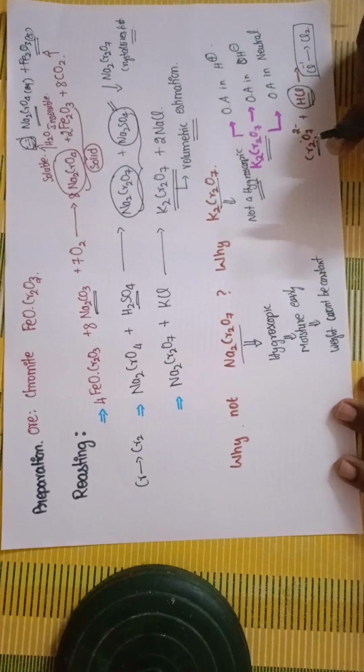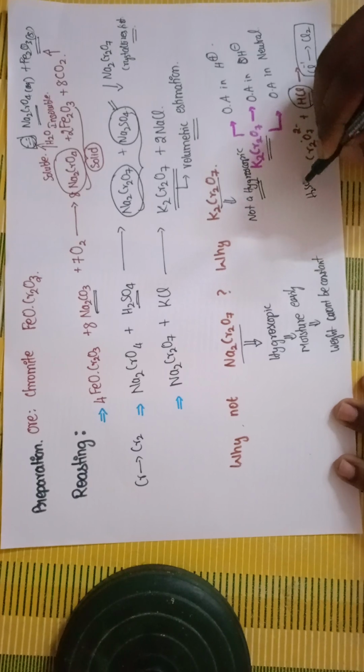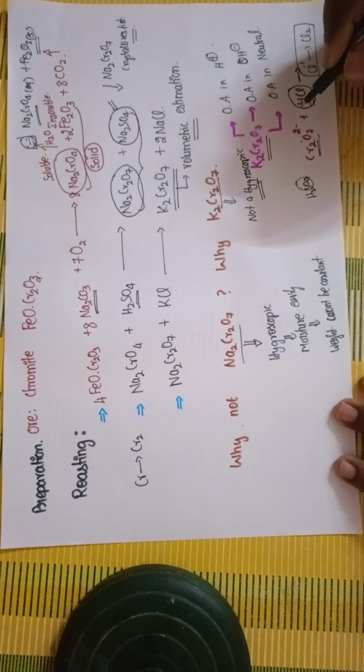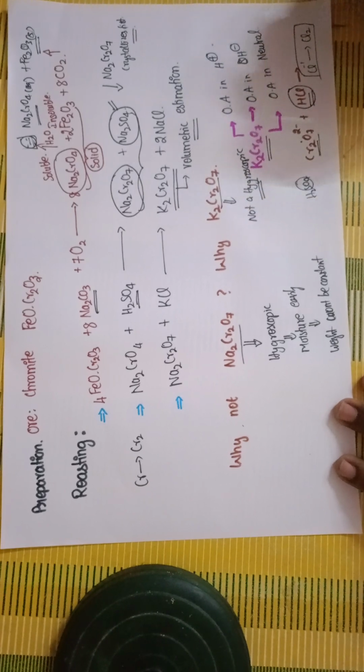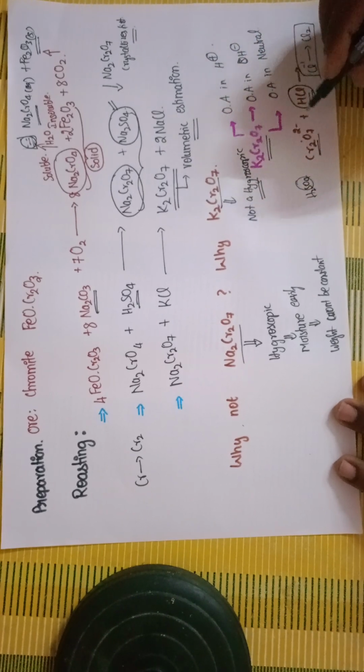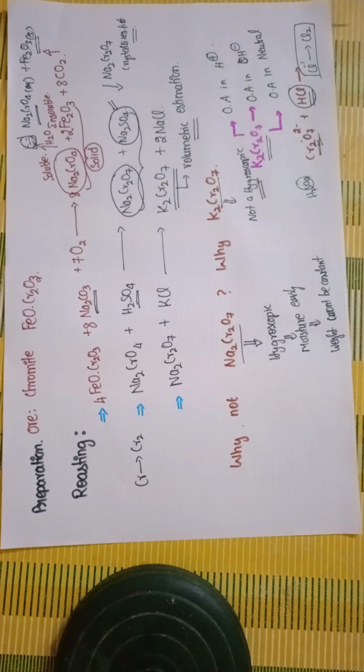In case you are using sulfuric acid, it won't oxidize sulfate. So potassium dichromate should not be used in presence of hydrochloric acid.